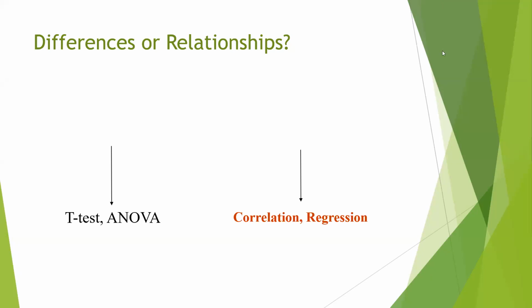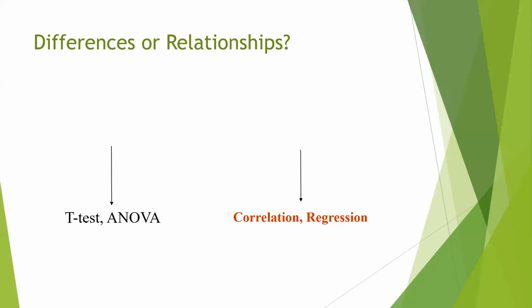So what is happening here? We have already talked about two things, differences and relationships. If you are analyzing two or more variables together. If you are analyzing one variable, what is it called? Descriptive statistics or univariate statistics, where you are analyzing one variable at one time point, and you can generate only descriptive statistics.